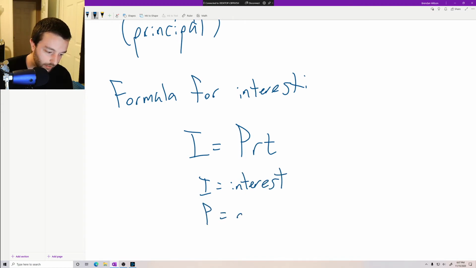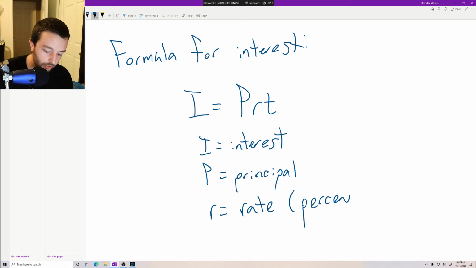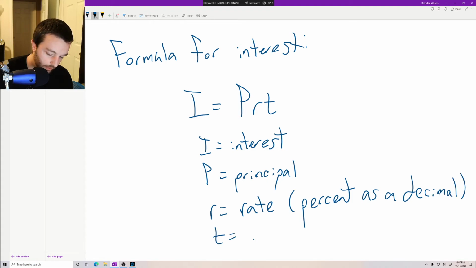P is principal. R is the rate, your interest rate, which will be a percent, but you're going to write it as a decimal. And T is your time. Okay. And it's typically in years.